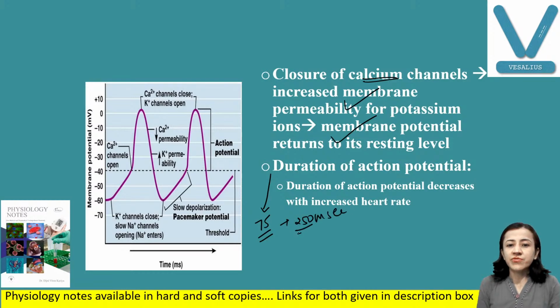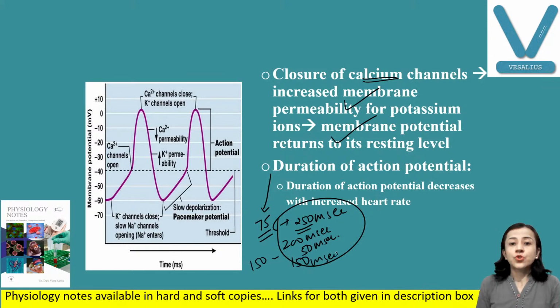Depolarization and plateau is 200 milliseconds, and repolarization is 50 milliseconds. And if the heart rate increases, this phase decreases. Suppose heart rate becomes double, this is half, around 150 milliseconds. So duration of action potential is inversely proportional to heart rate. Fine.